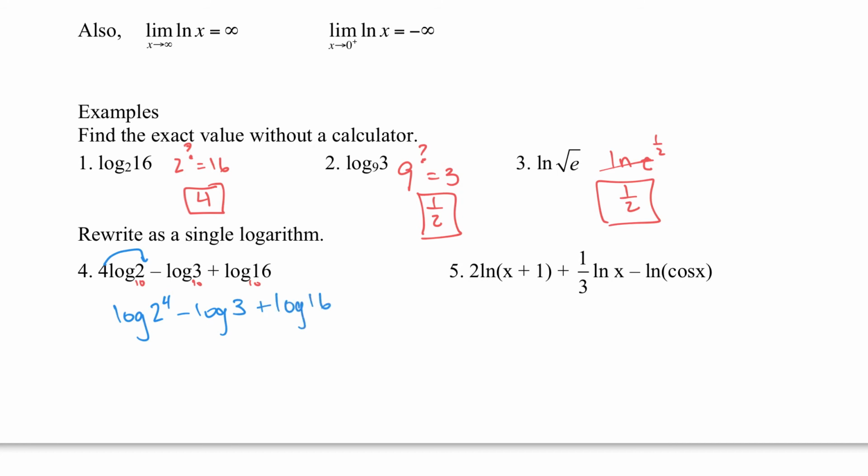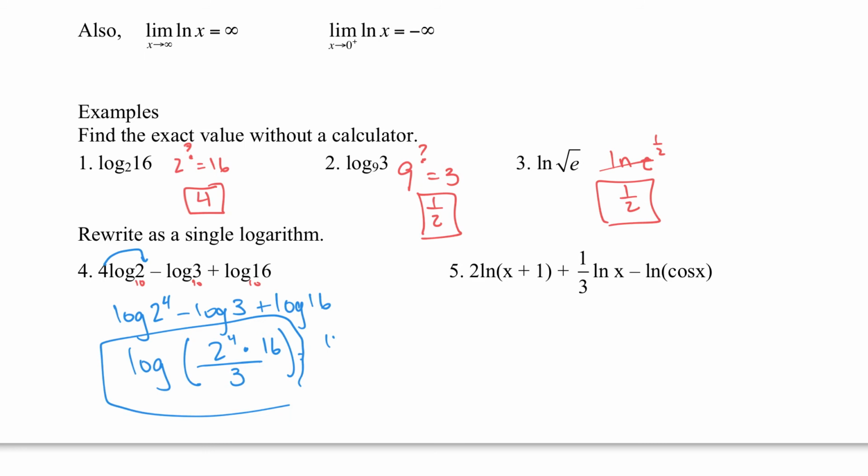Now the subtraction tells me division, the addition tells me multiplication. So it's one massive log, with 2 to the fourth on top, divided by 3 times 16. That's how that works out. Now you can go ahead if you would like and say that this is 16 times 16 over 3, reduce it out, but I'm just going to leave it like this for our purposes. On the next one, let's take a look.